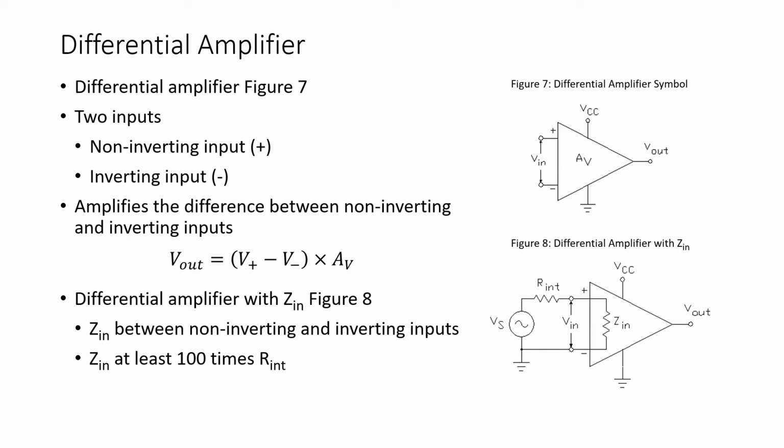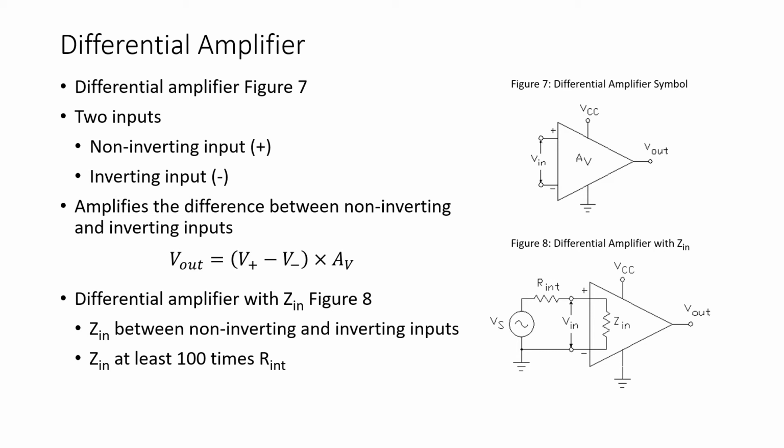Now understand that the differential amplifier, just like the single-ended input amplifier, has some input impedance, but in this case the input impedance exists between the non-inverting and the inverting inputs. The voltage that's actually amplified is the difference between these two voltages.